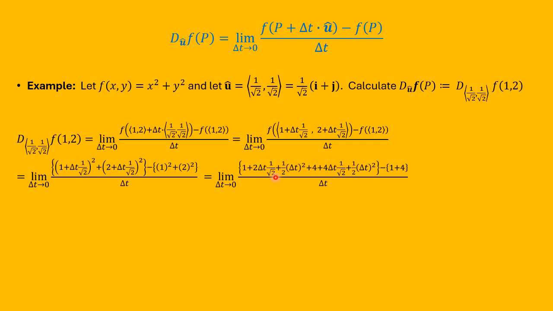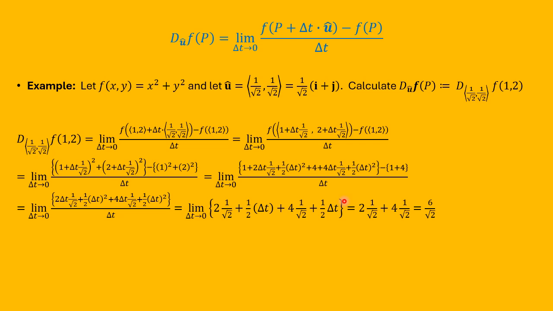And then we're subtracting from that 1 plus 4 and dividing by delta t. If we look at this, we have a 1 plus 4 inside this brace, and we also subtract 1 plus 4. So that stuff subtracts to 0, and so this numerator becomes this. It's just missing the 1 and the 4 here, the 1 and the 4 there too. So we have all this stuff divided by delta t.